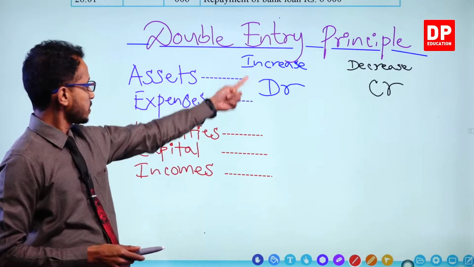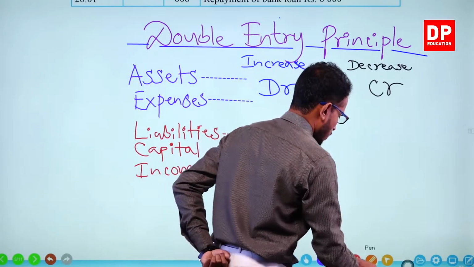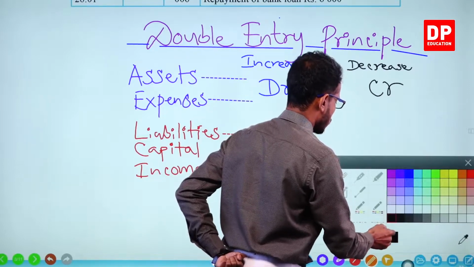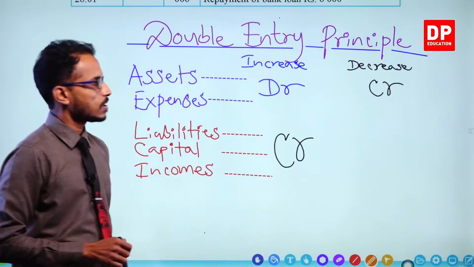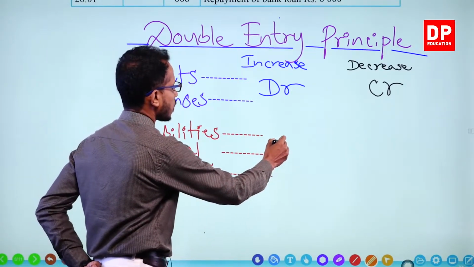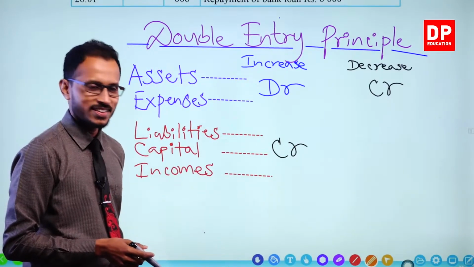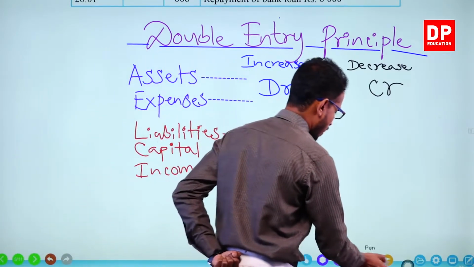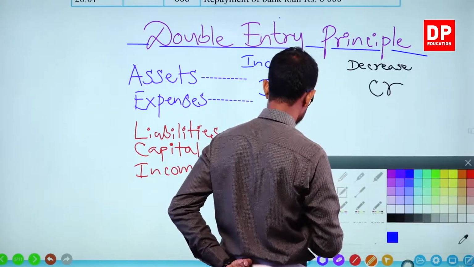When liabilities increase, when capital increases, credited. It is the opposite of assets. Credited. Then decreases are obviously debited.